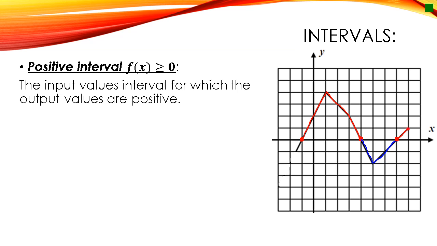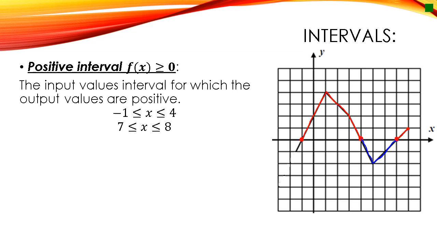So looking at this graph, we can identify two positive intervals. The first one is when x is greater than or equal to -1 and less than or equal to 4. The second one is when x is greater than or equal to 7 and less than or equal to 8.